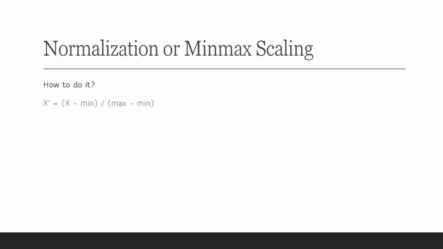Now let's see how to do it. You can do normalization or min-max scaling by this formula. You have to subtract the minimum value from x and then divide it by the result of the subtraction of the maximum and minimum value.